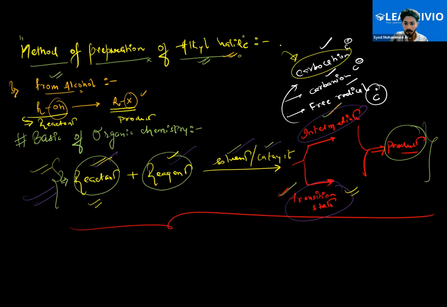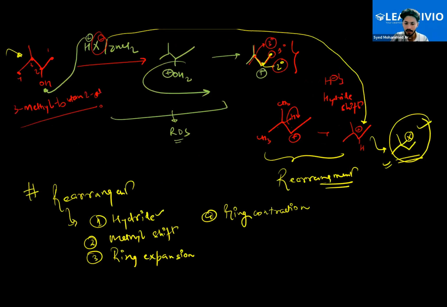You have learned that, but now, when I explain haloarenes, like arenes and benzenes, every reaction is already covered in hydrocarbons, but I will explain it again because it is important to know the previous thing. There are certain additional things, but most of the things are the same. Are you getting my point? Yes, sir. So that's why I'm explaining it.